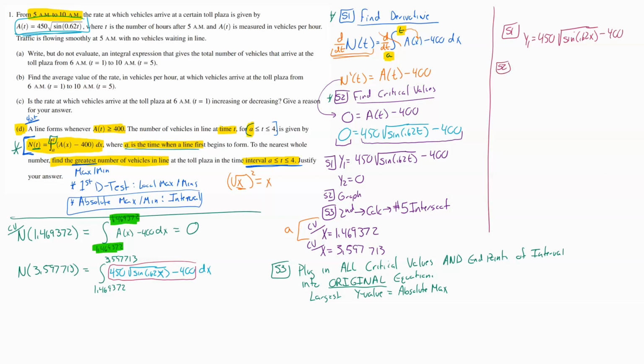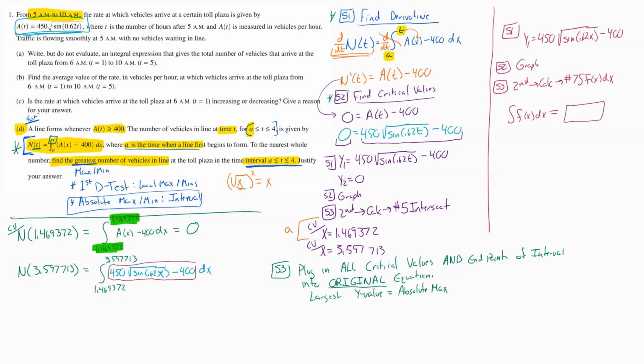Then from there, we would graph it. Step 3 is we would do a second calc, and then choose the number 7 option, which is the integral of f of x dx. It's going to ask us 2 questions, and we'll answer those. Then at the bottom of the screen, it's going to say integral of f of x dx equals, and whatever that is, that's going to be our answer.